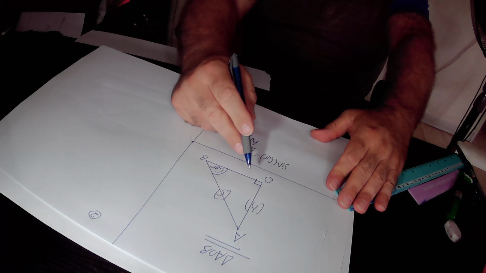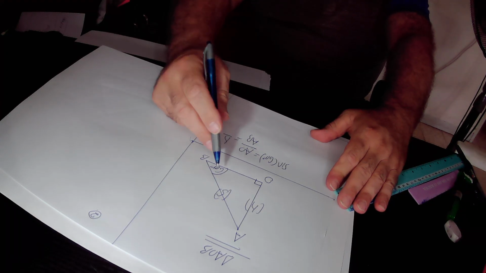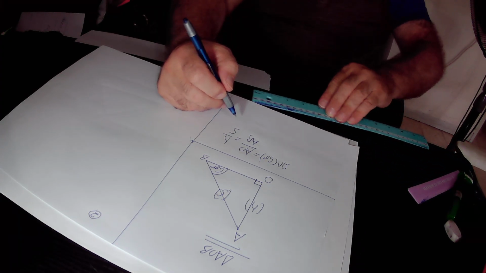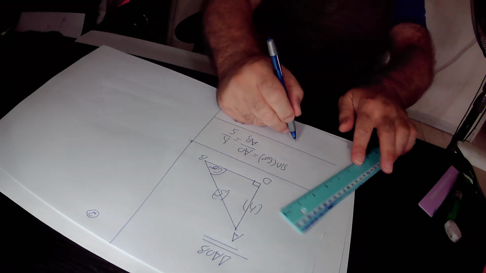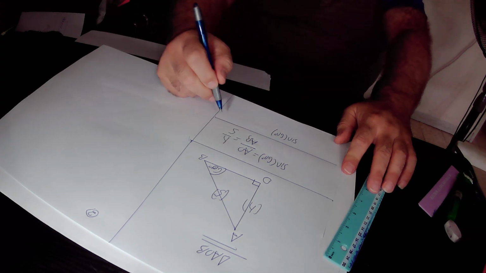AO is h, according to our definition, over AB. AB is 5, according to what is given in the question. So in total, we can find that sine 60 degrees is equal to h over 5.